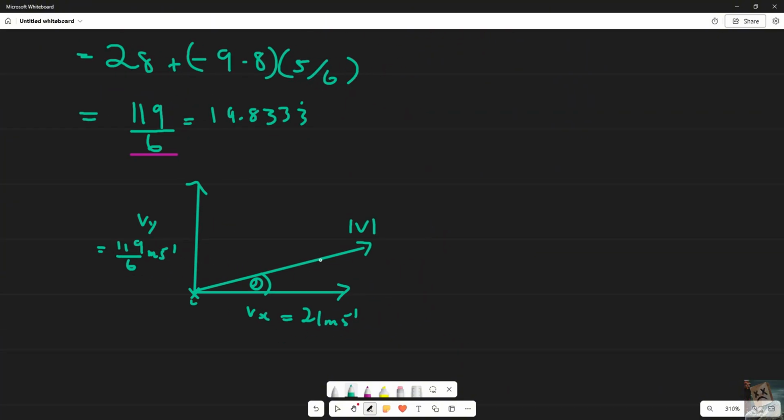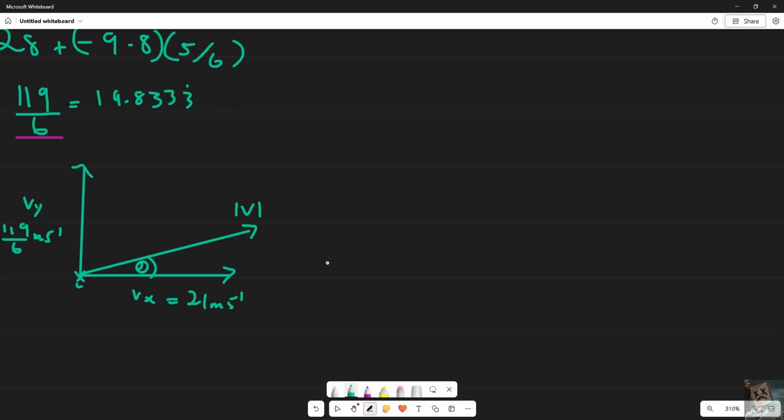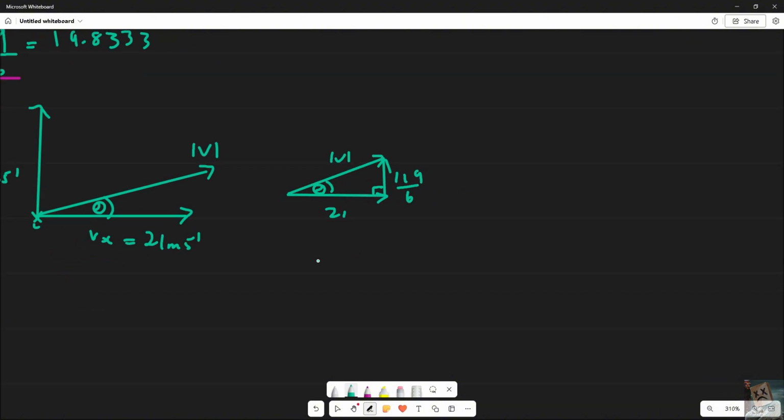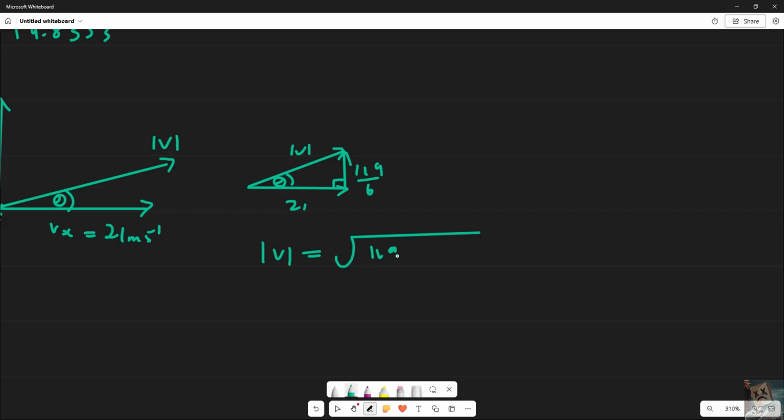So then this is basically just a triangle, if you just move that over here. So if we pretend this is a triangle, this would be 119 over 6, this is 21, and we want to find this here. So we can use Pythagoras, and then put that into the calculator.